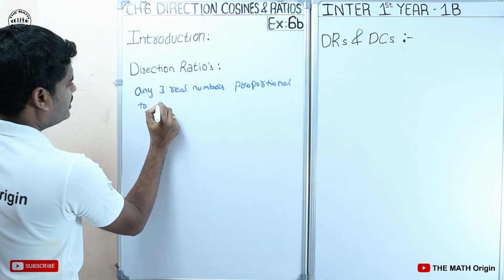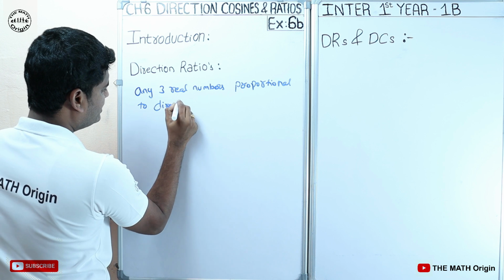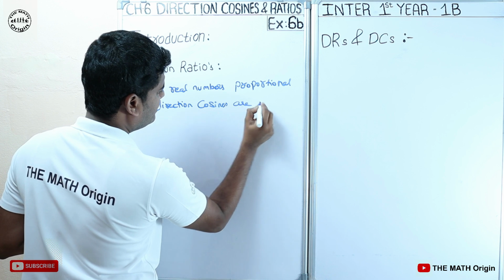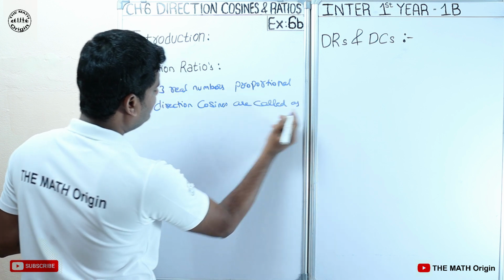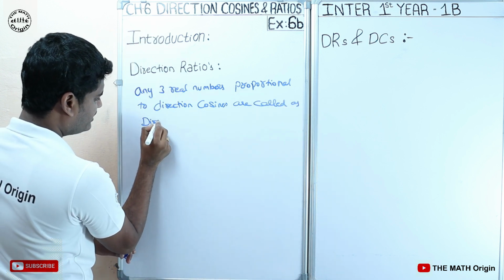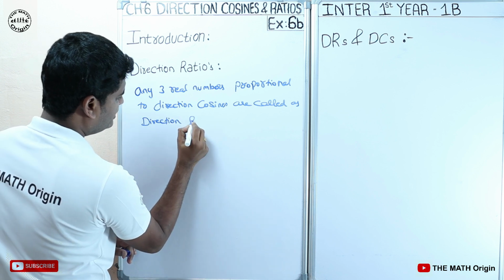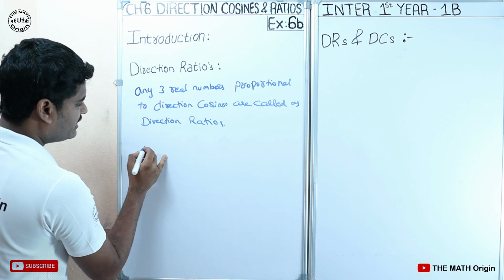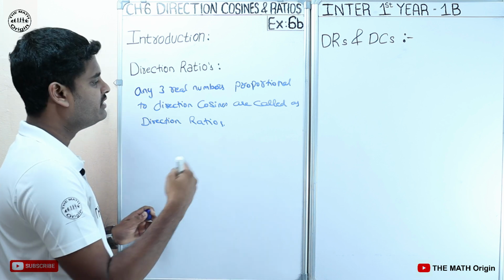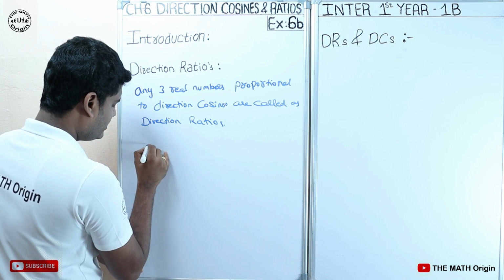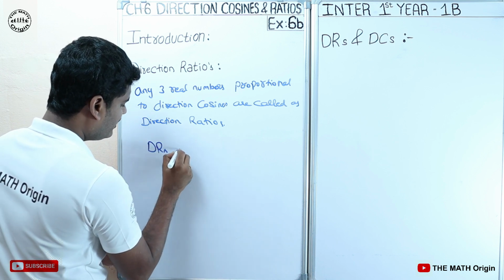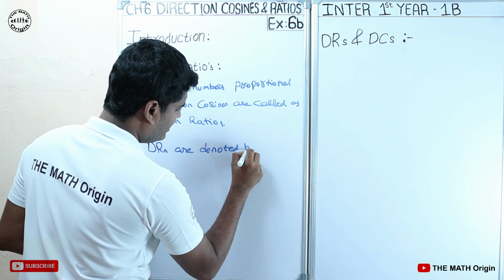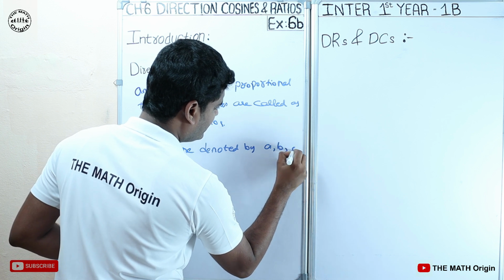Direction ratios, DRs, are denoted by a, b, c.